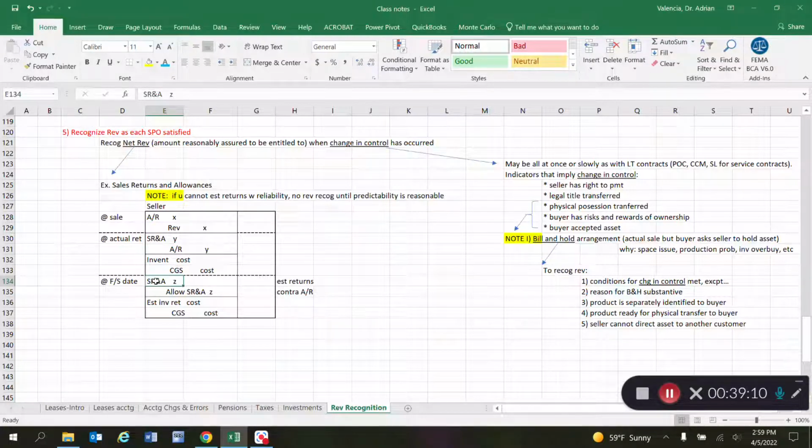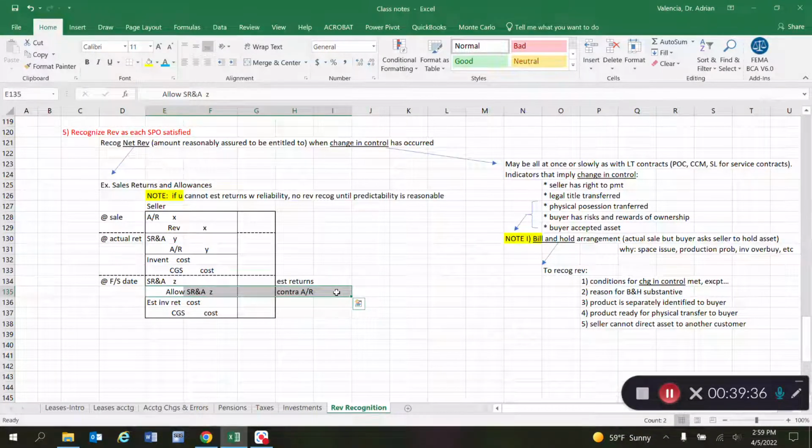So I'll debit sales returns and allowances, and I will actually create an allowance for the sales returns for that Z amount. I will estimate how much inventory is going to be returned. This is just an estimate. And I will credit cost of goods sold. So this here is a contra accounts receivable account because I don't know specifically who I am crediting for those returns at this point.